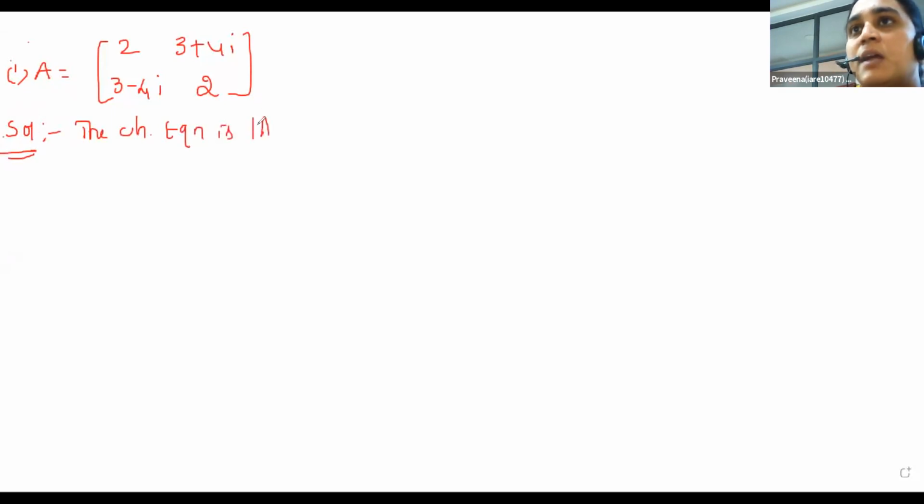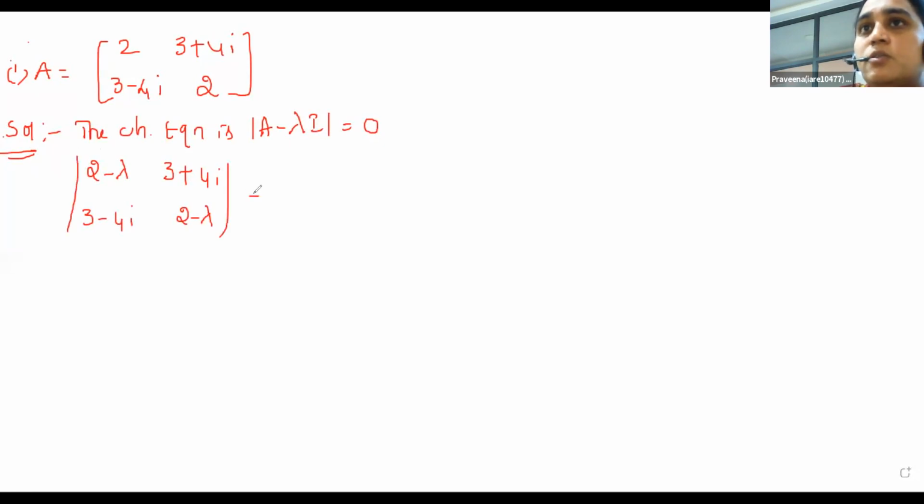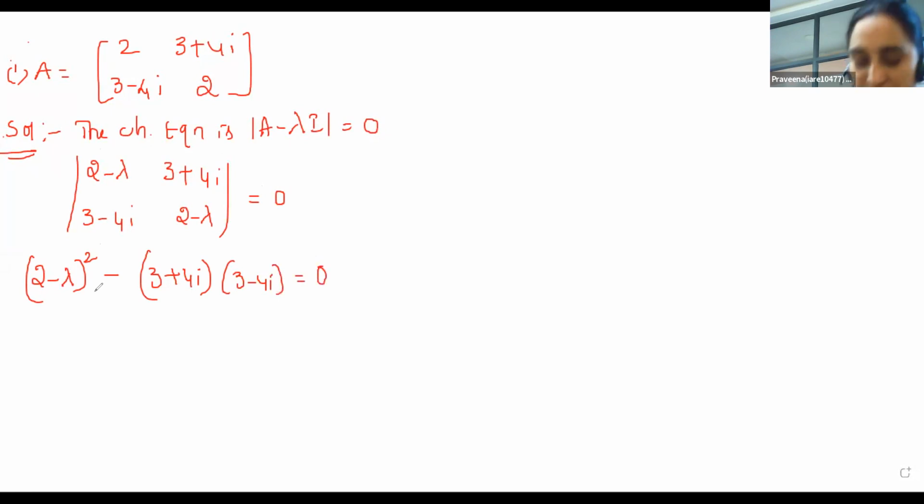A minus lambda I is equal to 0. For that, 2 minus lambda, 3 plus 4i, 3 minus 4i, 2 minus lambda equal to 0. So (2 minus lambda) whole square minus (3 plus 4i) into (3 minus 4i), which is a plus b into a minus b form, is equal to 0.